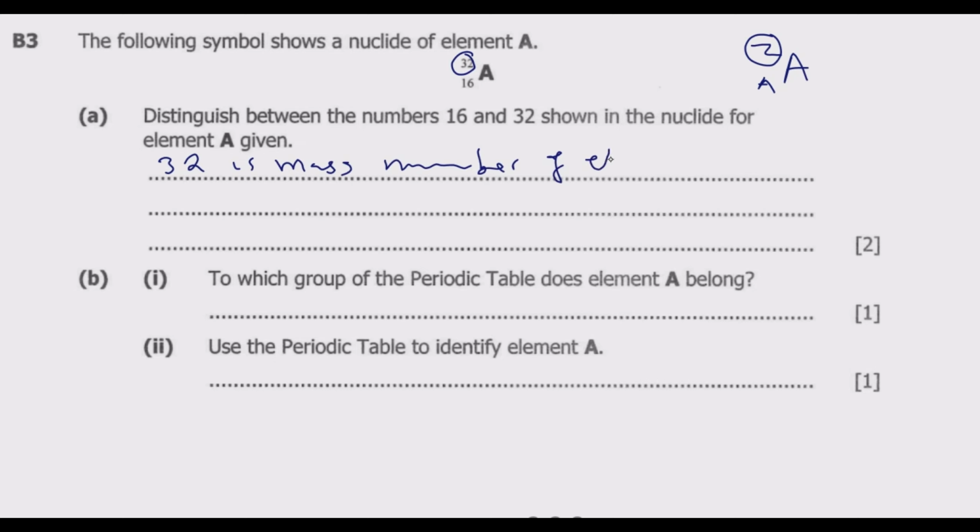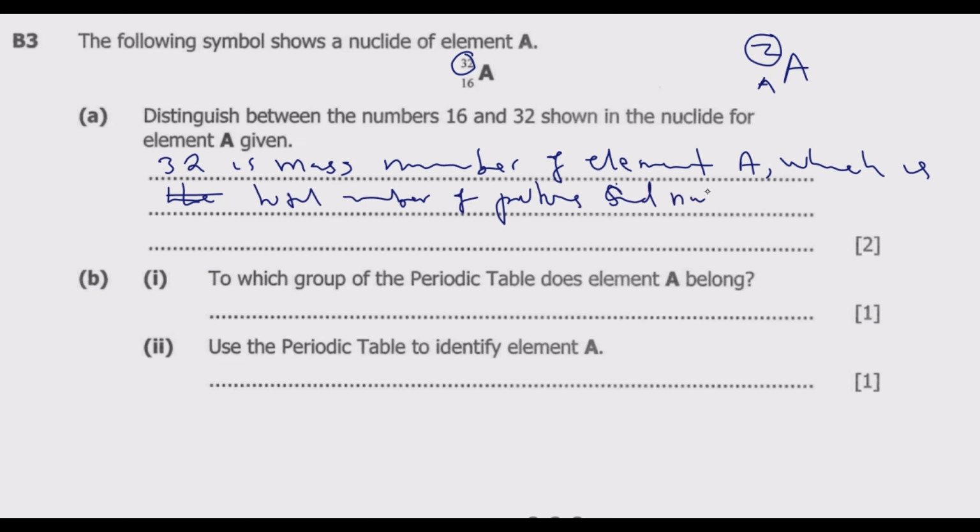So 32 is the mass number of element A, which is the total number of protons and neutrons. That's 32.